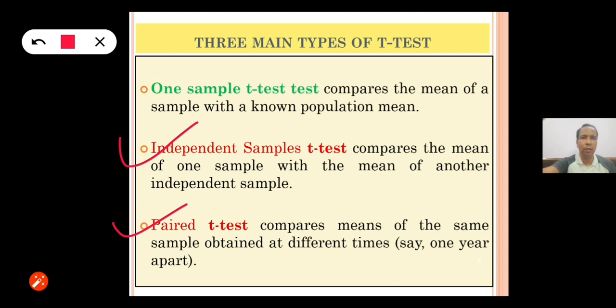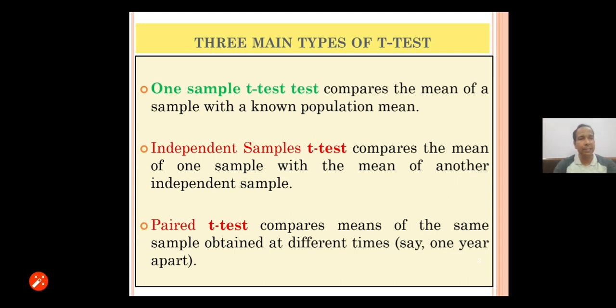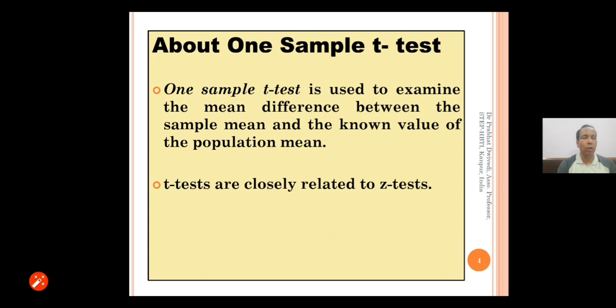Let's see what the t statistic for one sample is all about. The t statistic or t-test for one sample is used to examine the mean difference between the sample mean and the known value of the population mean. Just keep in mind, the population mean value is known and the sample mean value is calculated, then both values are compared.